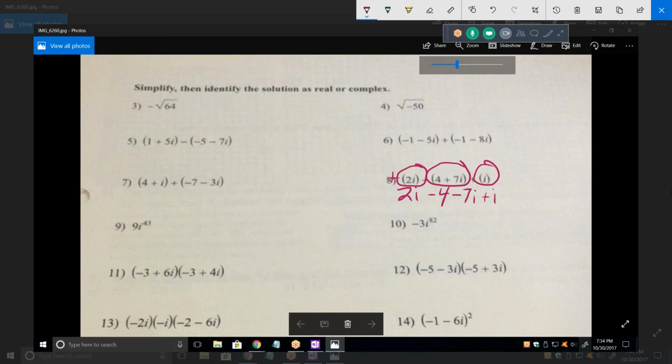What's the real part? Minus 4, minus 5i, or 3i, or 4i, sorry. There you go. In other words, you've got to combine that with that with that.